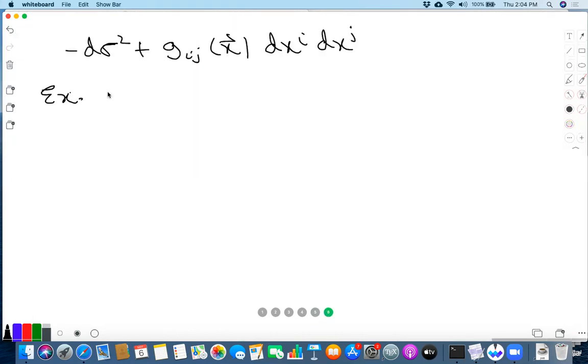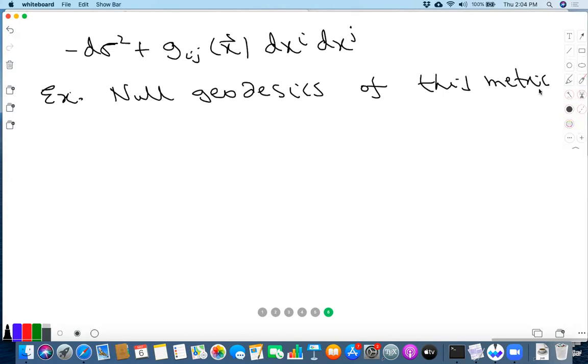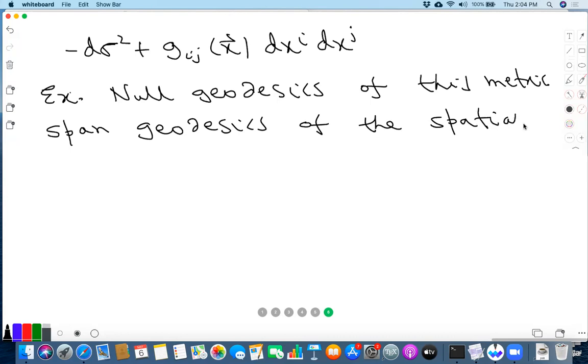So exercise: check that null geodesics of this metric span geodesics of the spatial metric g_ij of x.